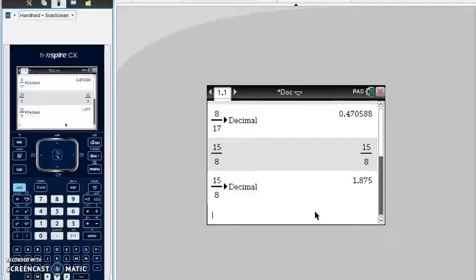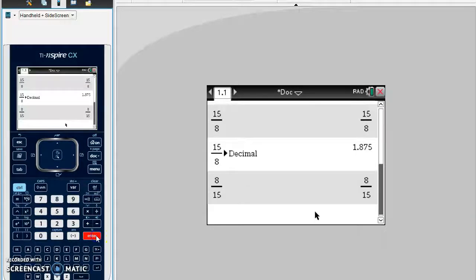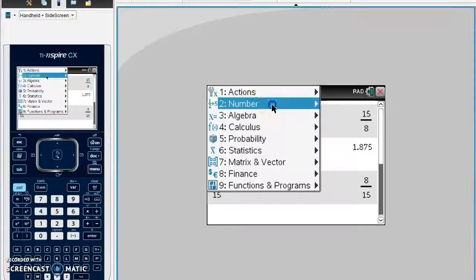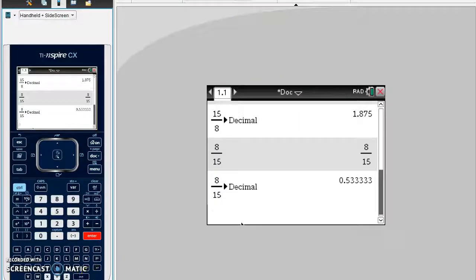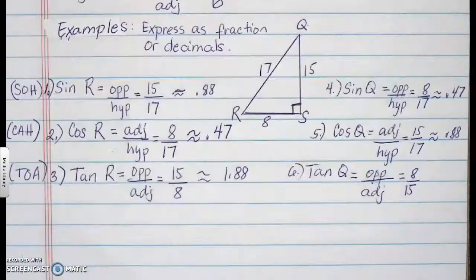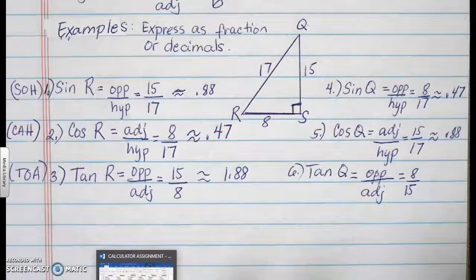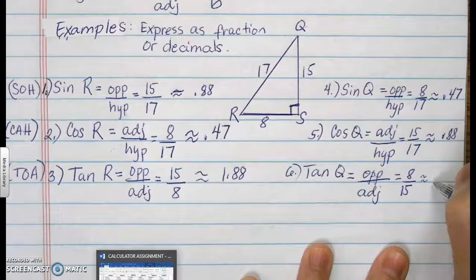We're going to go here and do 8 divided by 15, and that is going to be changed to a decimal, which is 0.533 repeating. So this is approximately equal to 0.53 repeating.